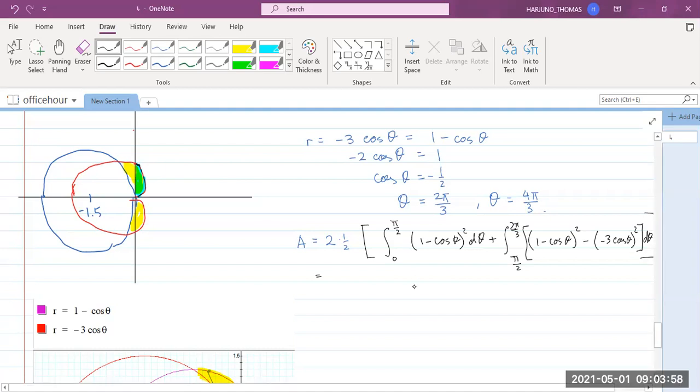Which, if you think about it, is basically the integral from 0 to 2 pi over 3 for the cardioid minus the integral from pi over 2 to 2 pi over 3 for the circle.